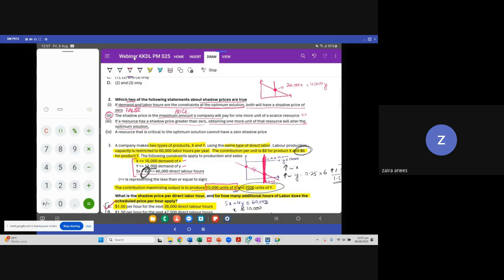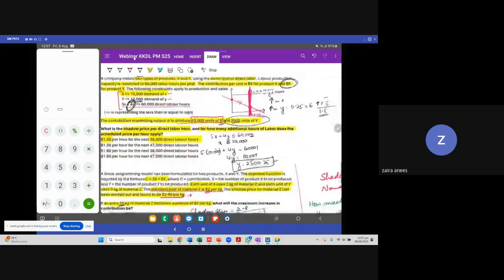If we get one more unit of labor, it will alter the optimum solution. Probably it's correct. Why? If we get one extra unit of the binding constraint, we can alter the solution, because initially it was 2500, now it's 2500.25. Now the solution is different, right?